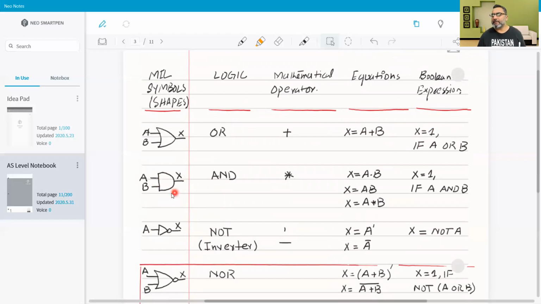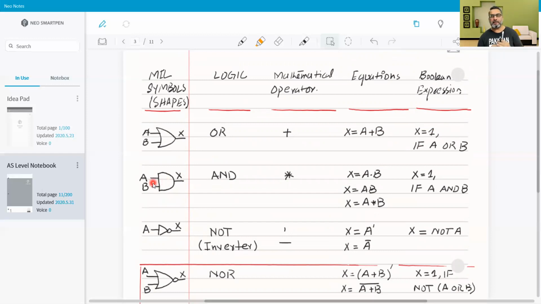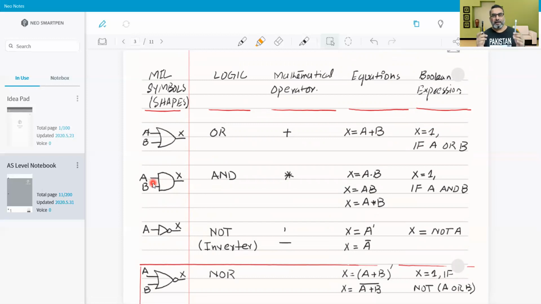Then we have got AND. AND is a very simple one. AND gives you the option to choose both of them. It does not allow you to choose either of them. So let's say you have got these two pens, one silver, one black, the AND gate always makes sure that you choose both of them, and you are not allowed to choose either of them alone.